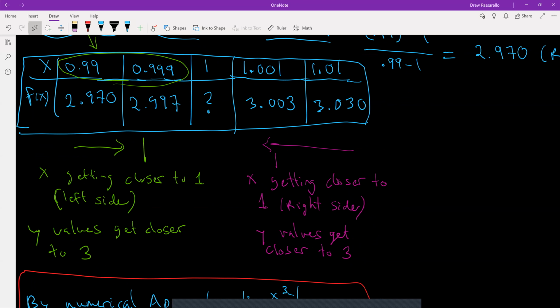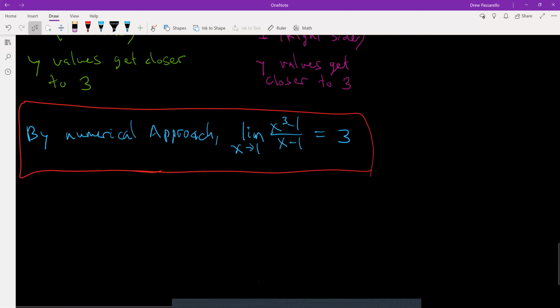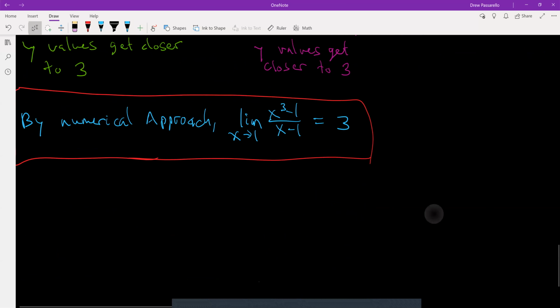So I'm estimating that it's going to be 3, just based on the behavior, as I did 0.999, that was 2.997, and then 1.001 was 3.003. All right, the point is that this was an estimate. I'm estimating the limit. Same thing with the graphical approach.